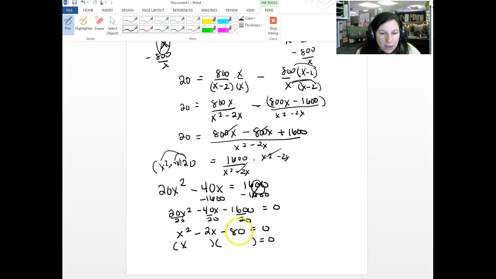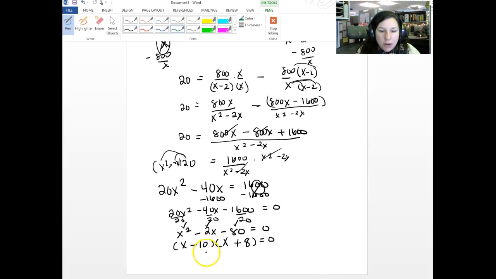To get 80, I can do 8 times 10. And if we make it a negative 10 and a positive 8, we can check it: X times X is X squared, negative 10 times 8 is negative 80, and negative 10 plus 8 is negative 2.